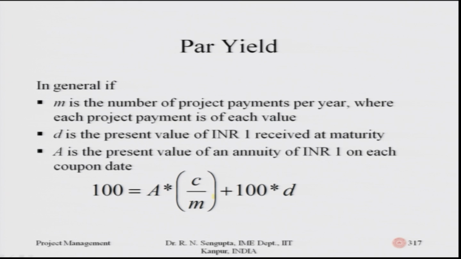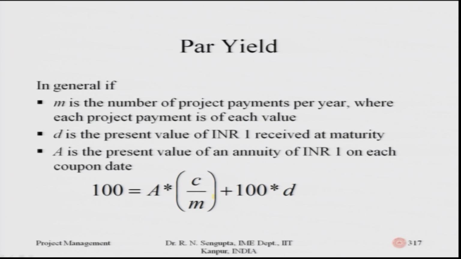So, considering the concept of par yield further, in general, if m is the number of project payments per year where each project payment is of equal value, D is the present value of Indian rupee 1 received at maturity, and A is the present value of an annuity of Indian rupee 1 on each coupon. So, what I need to find out, if I equate, is two things.